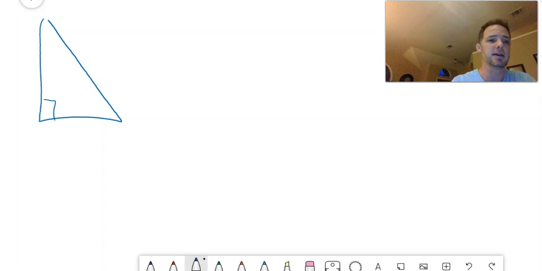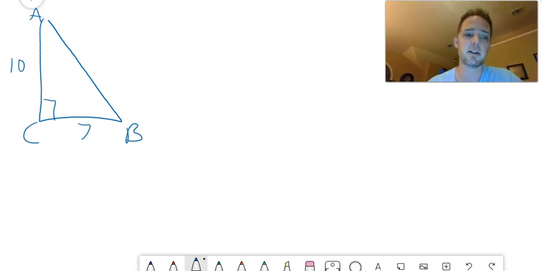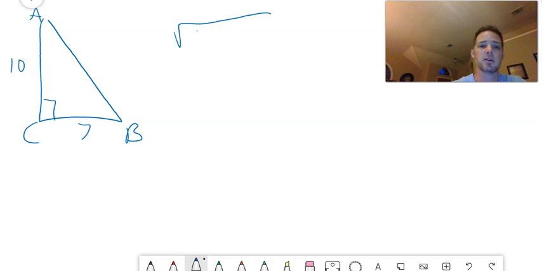So let's say I have a side of 10 and a side of 7. Let's call this triangle A, B, C. I want you to figure out everything else about this triangle. So the first part should be easy. You could do Pythagorean theorem to solve for that last side. So square root of 10 squared plus 7 squared.